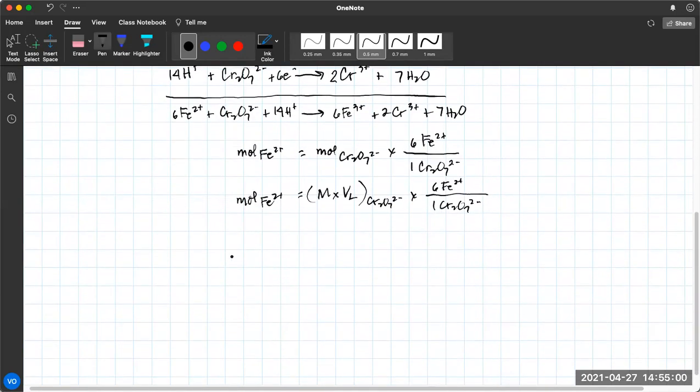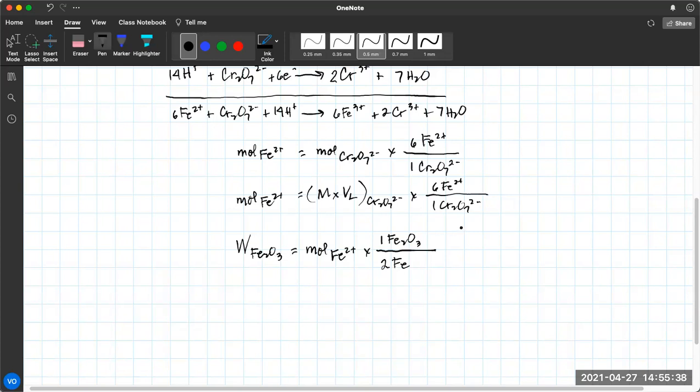Or simply put, you can calculate the weight of ferric oxide based on the number of moles of iron 2+. Again, using our stoichiometric factor, 1 mole of ferric oxide is equivalent to 2 moles of iron.